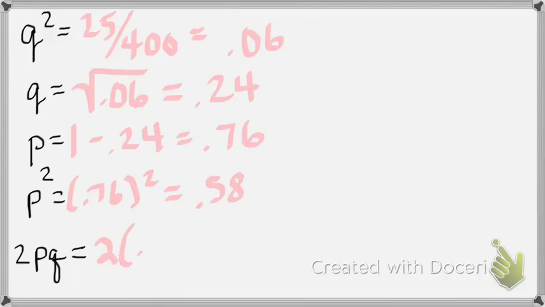And then 2PQ. How many? You got 0.36? What percent of these fruit flies are homozygous dominant? 58%, that's right.